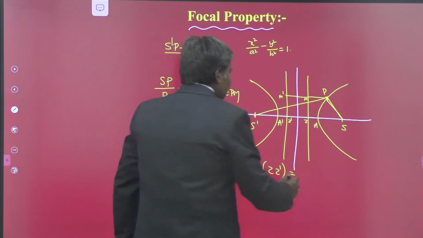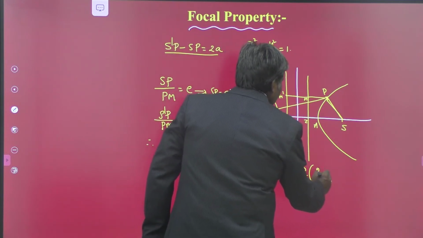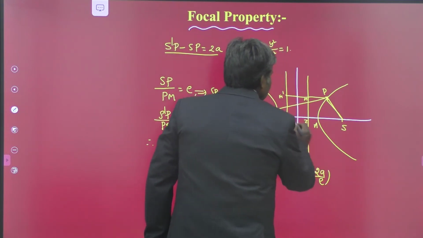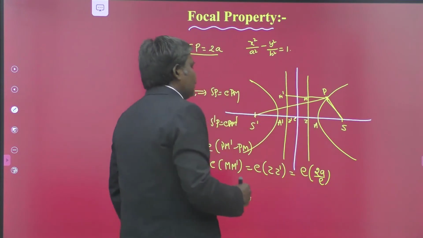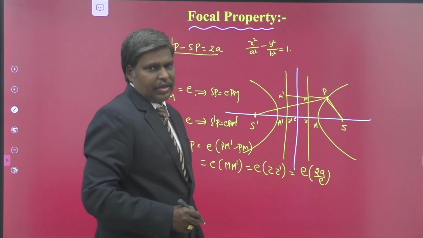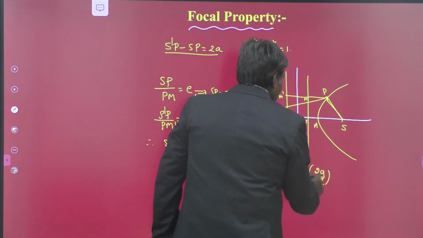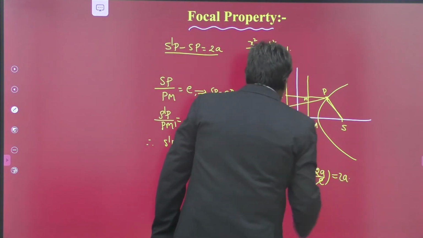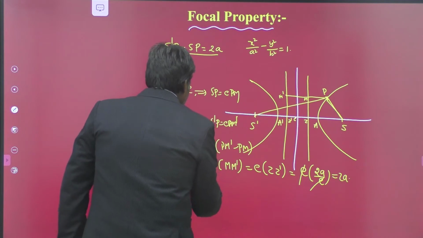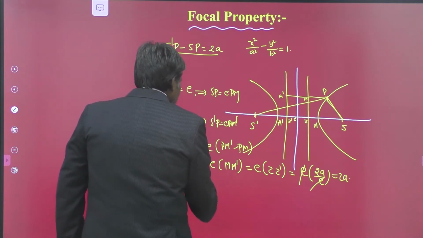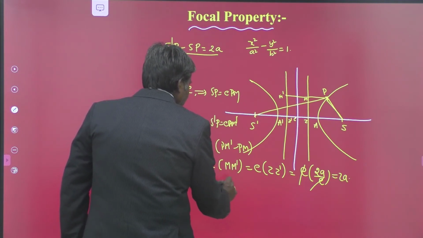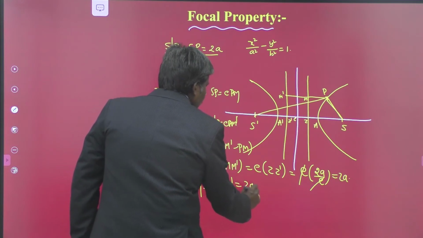That is 2A by E. E times 2A by E, because CZ is equal to A by E and CZ dash is also A by E. Therefore, 2A by E, E gets cancelled. We have 2A. Therefore, S dash P minus SP, the difference, is equal to 2A.